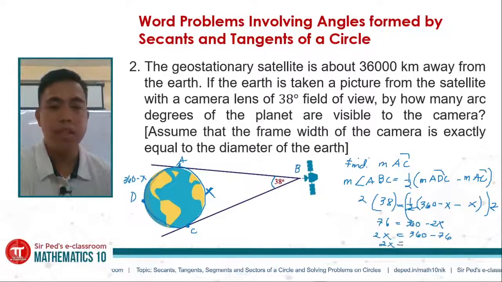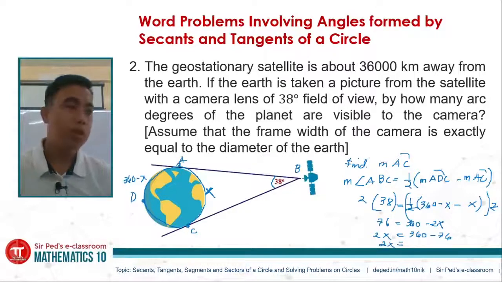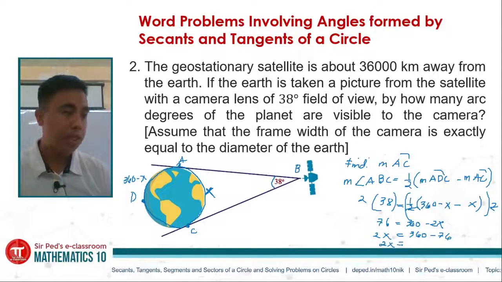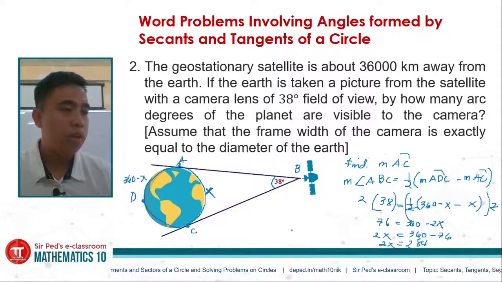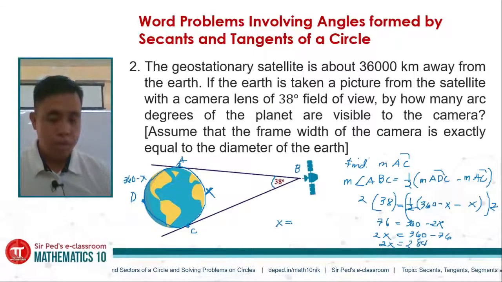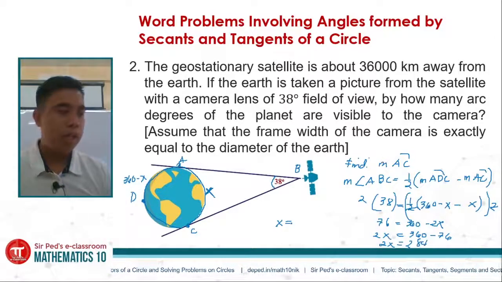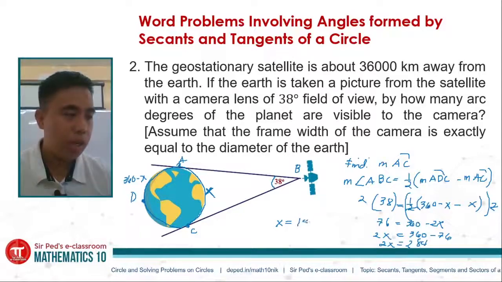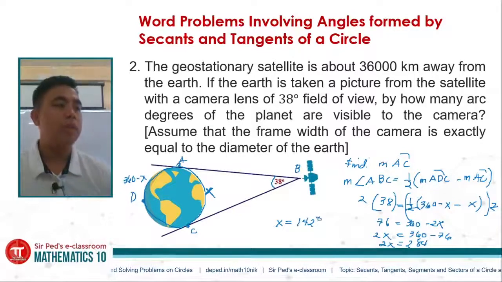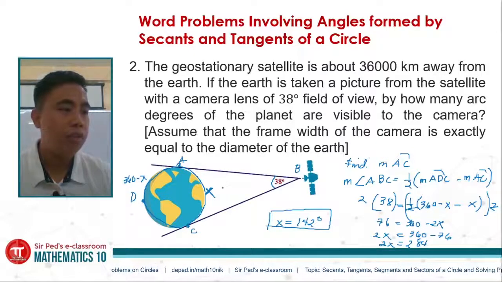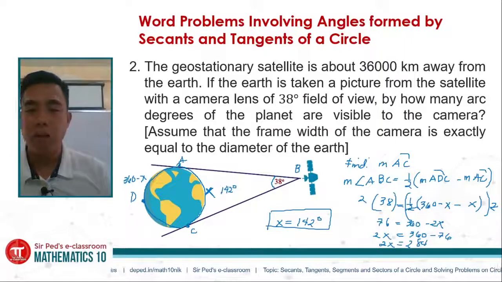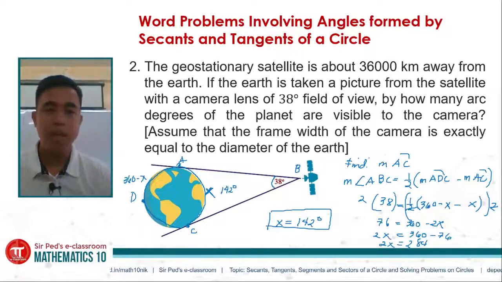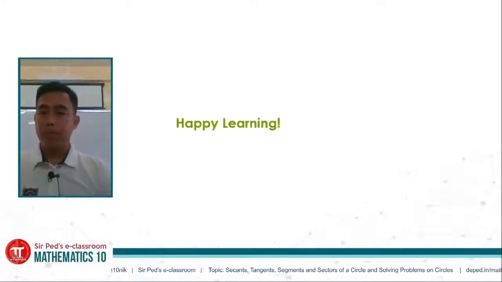So 2x is equal to 284. Divide both sides by 2, then ang x natin ay 142 degrees. So, eto na, yung visible sa camera lens ay 142 degrees. Okay?